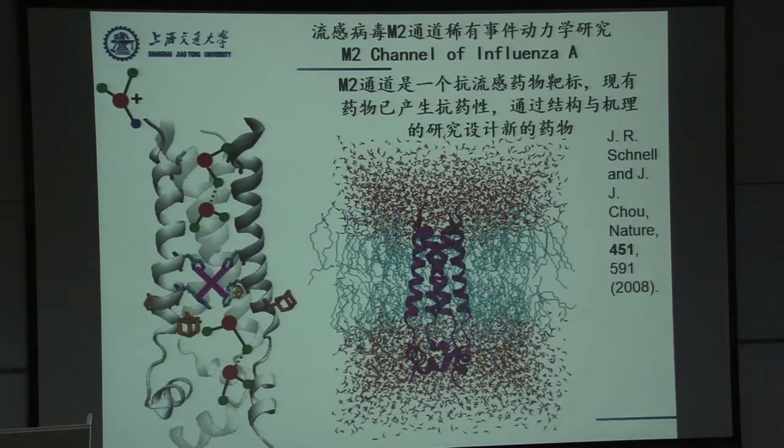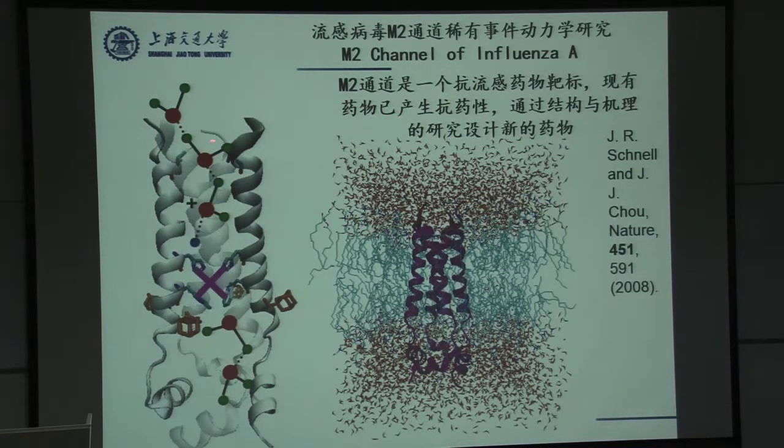It's a small protein with only 4 alpha helices. And this type of system can be studied by NMR. Anything larger will be very hard. It's a proton channel, which is very rare.